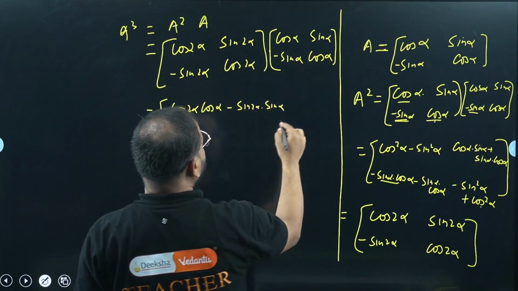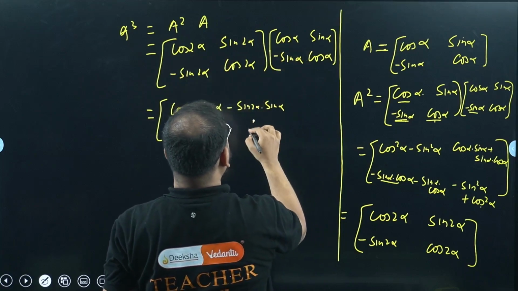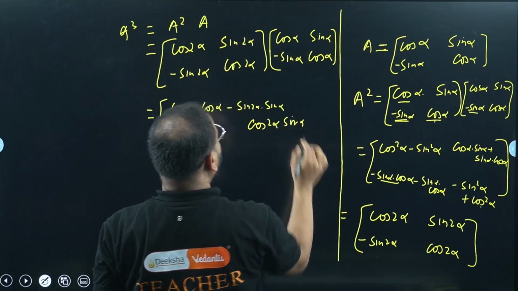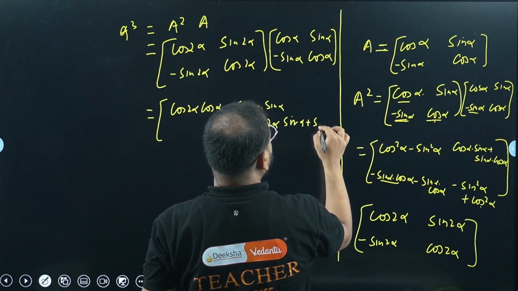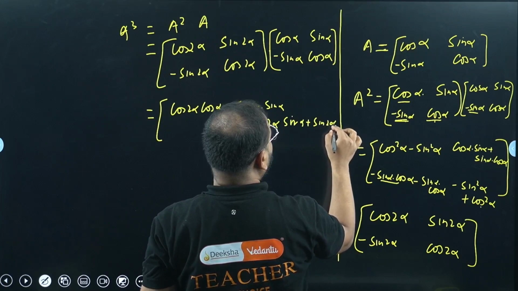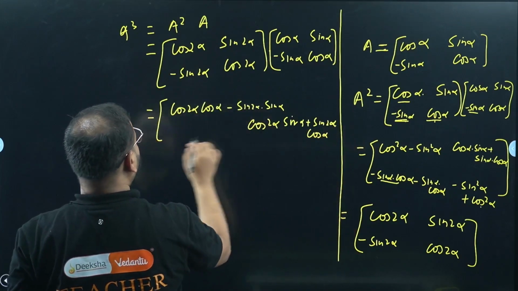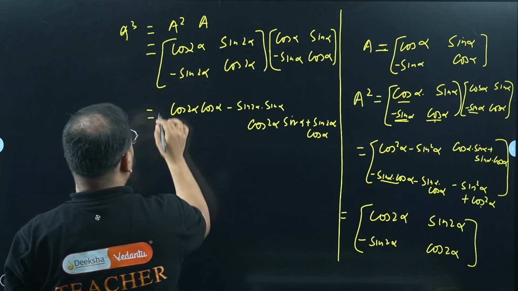I'm writing the second term below: cos 2 alpha into sin alpha plus sin 2 alpha into cos alpha. This is my first and second term. I hope you can understand this.